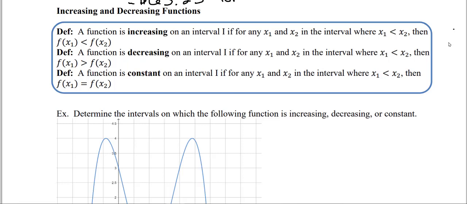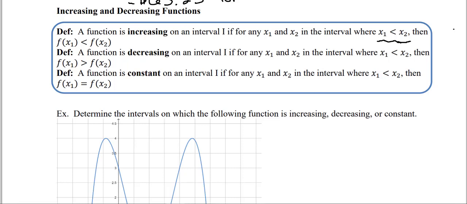Let's see if we can break it down a little bit. Here's what we are saying. A function is increasing, and this is going to be very intuitive to you. When x1 is less than x2, it is referring to the situation where you have an x value left of another x value. So we're talking about going from left to right, x1 being smaller than x2.